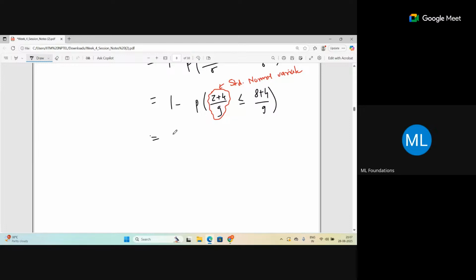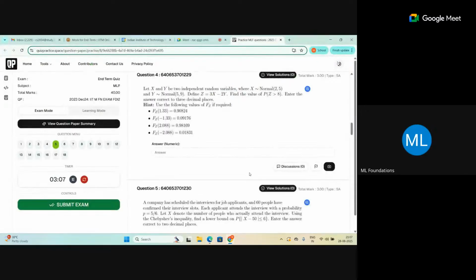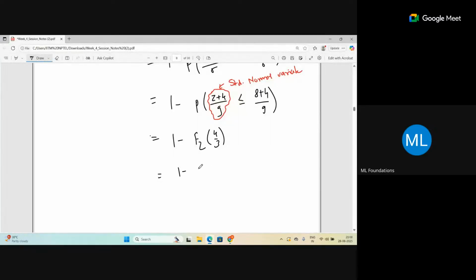That is going to be 1 minus F_Z of, what is this, 12 by 9, which is 4 by 3, right? Then from the values given, 1 minus F_Z of 1.333.